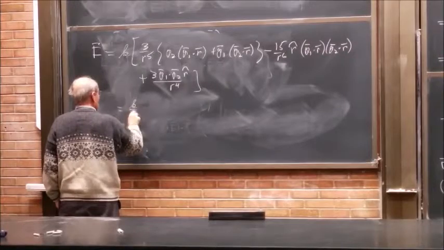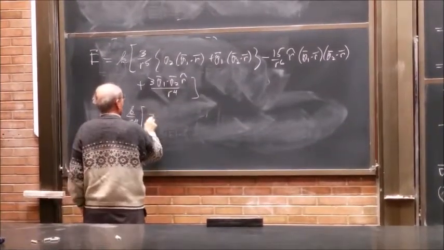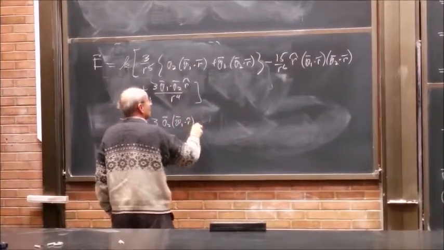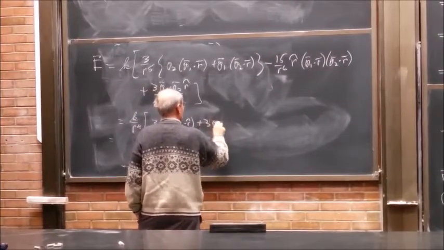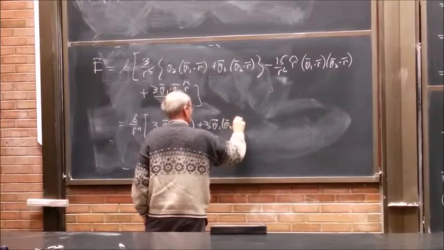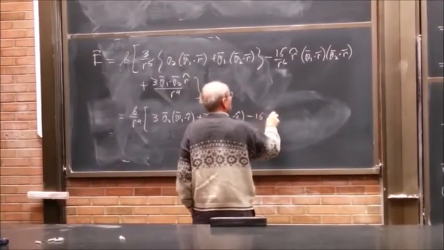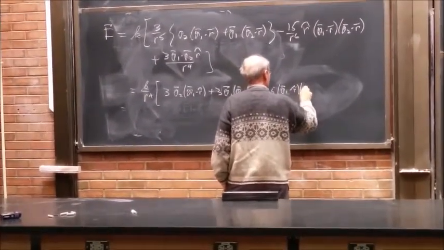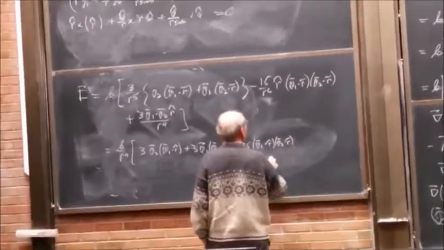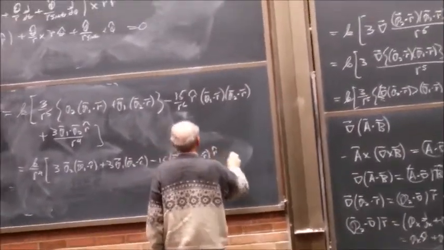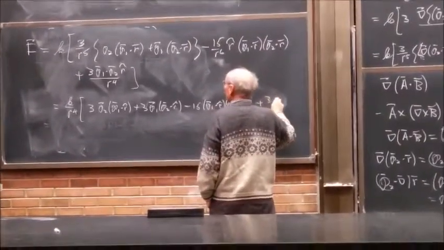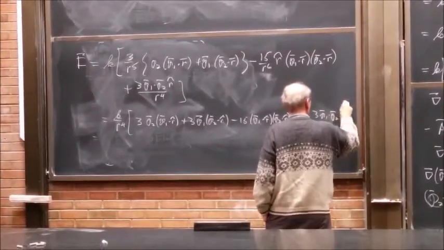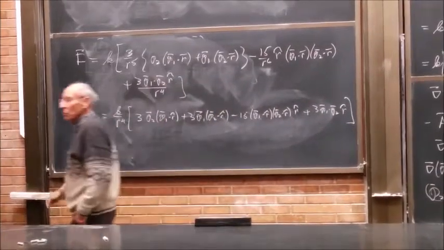So we'll get k over r to the 4th times 3 P2 times P1 dot r hat plus 3 times P1 times P2 dot r hat, minus 15 P1 dot r hat, P2 dot r hat, r hat, plus 3 P1 dot P2 times r hat. And that is the force between two dipoles.